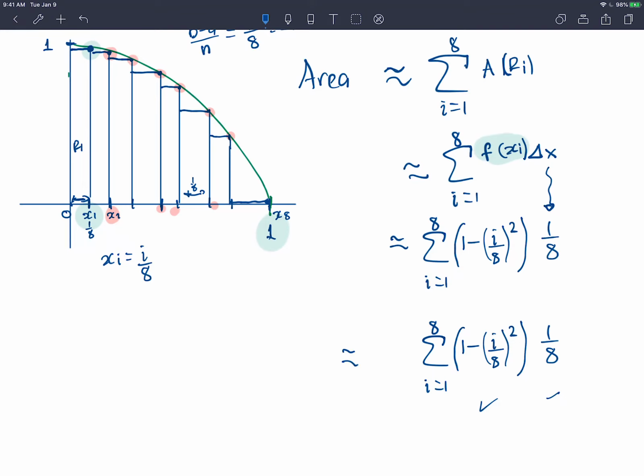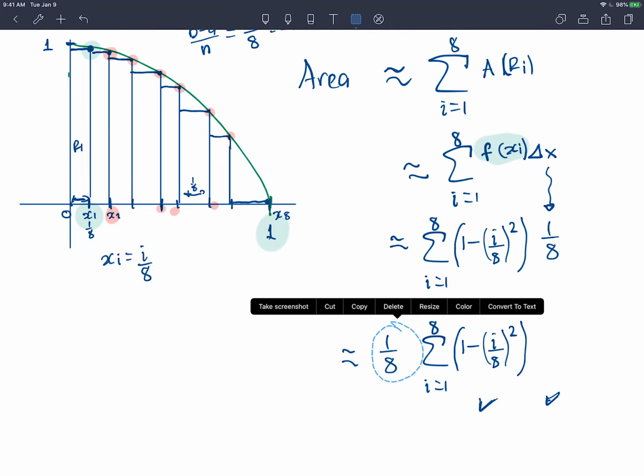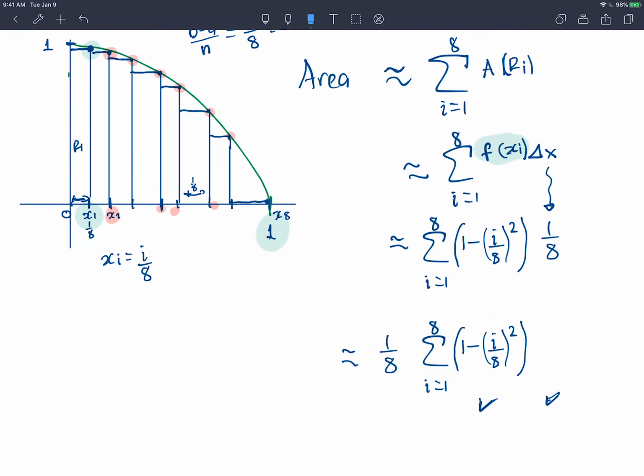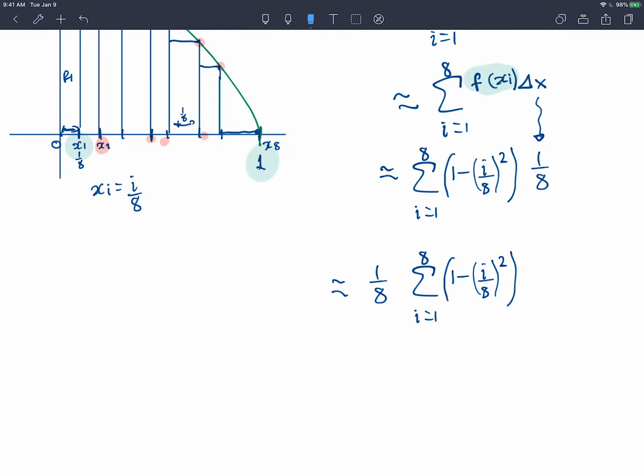Then I'm going to add this when i is 2 times 1/8. Then again when it's 3 and times 1/8. So this 1/8 is a common factor for each one of those, so I can move it to the front like that. It really is a constant. It's kind of factoring on steroids, just factoring over these 8 terms.